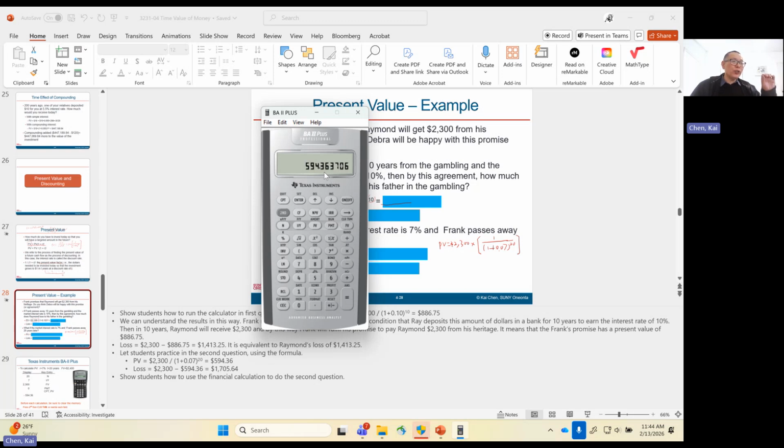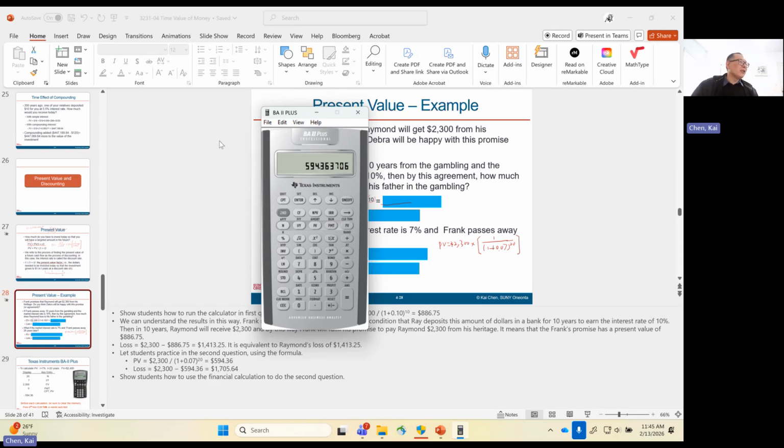The calculator shows 6 decimal places, but after these there are many more decimal places that it doesn't show but keeps by default. So in order to keep the accuracy, we subtract this number on the screen from the $2,300.